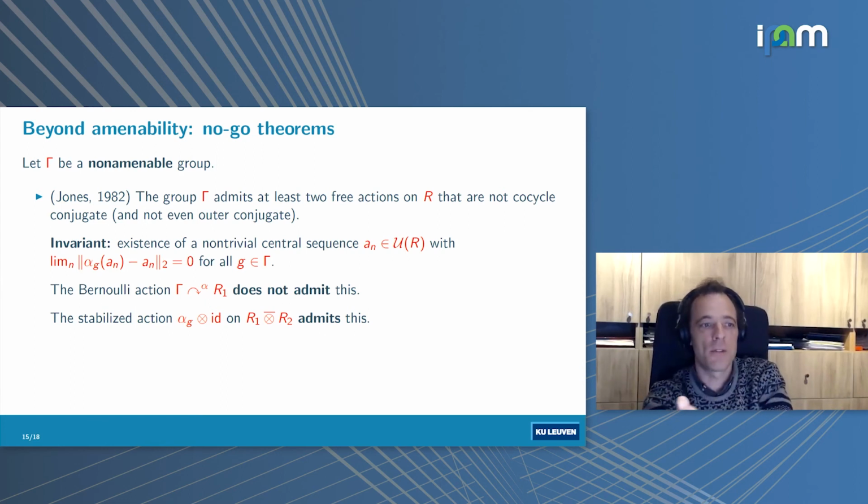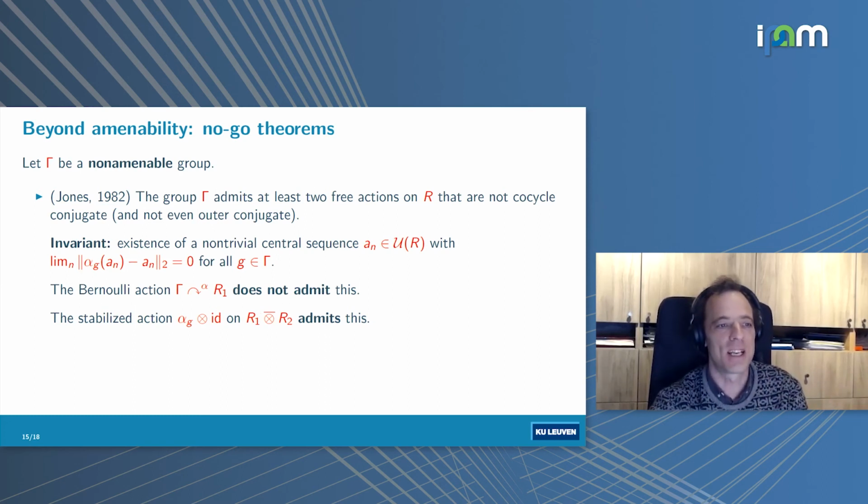So here you have them, two actions, they are not co-cycle conjugate, one has Gamma and the other does not. Actually, this illustrates how neat Ocneanu's theorem is, because exactly at amenability these two are co-cycle conjugate, and then at non-amenability they are not. I mean, it's kind of amazing.